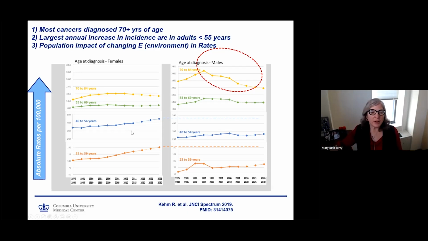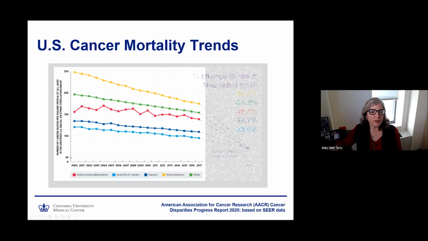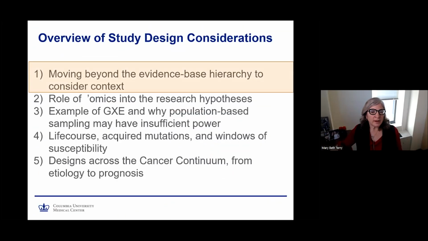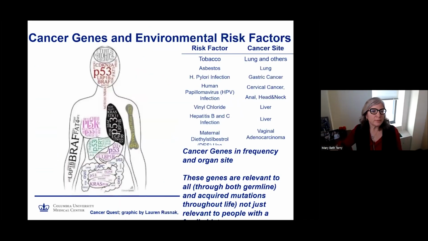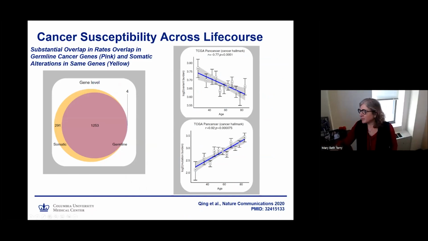So again, this is another great article that I would refer people to. This came out just a couple of years ago. Depending on where your question is about cancer, most cancers occur after 70.